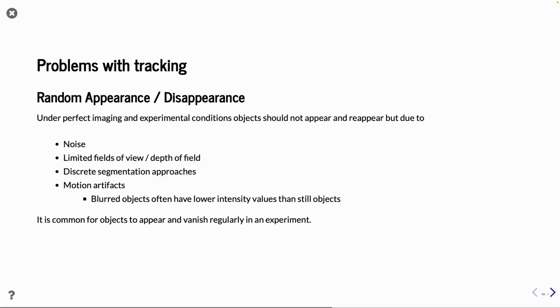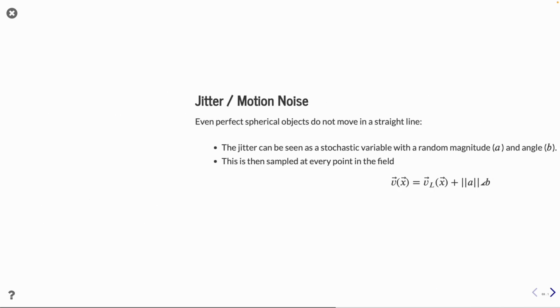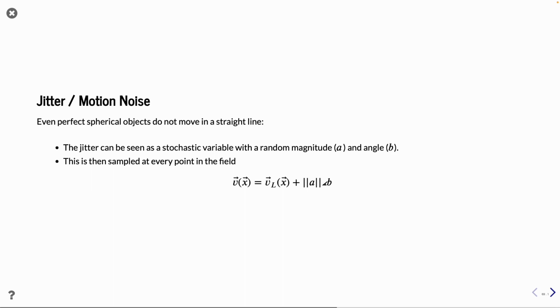So there are a lot of tricks and troubles that you can run into when you do this tracking. One is also jitter or motion noise, which means it's not staying perfectly on the path. So we have the motion, which has some magnitude and some angles, so you know where it's going.